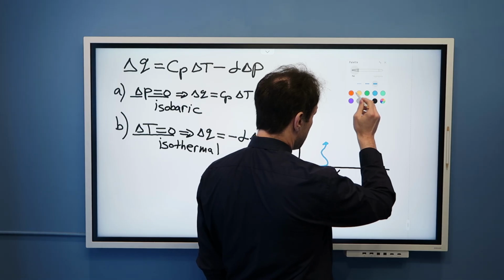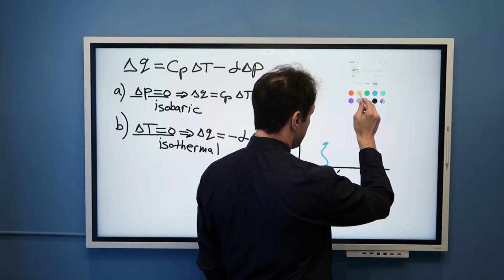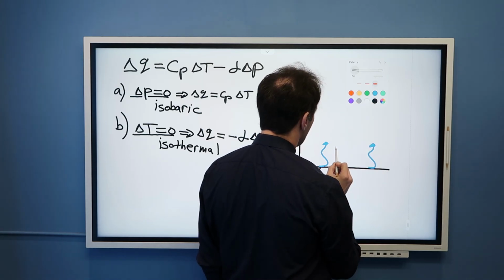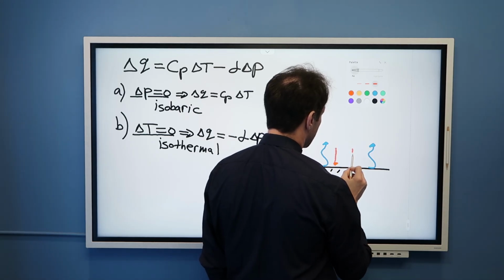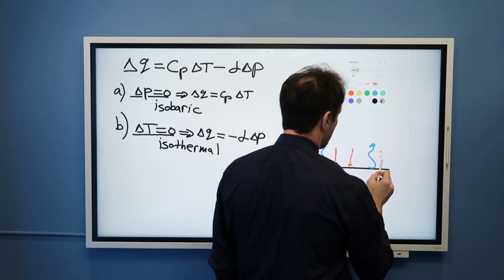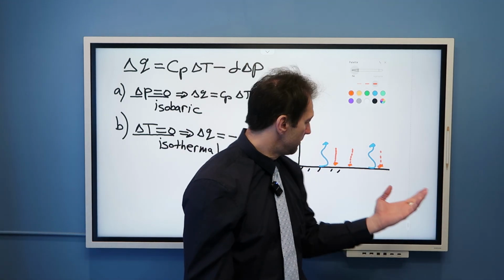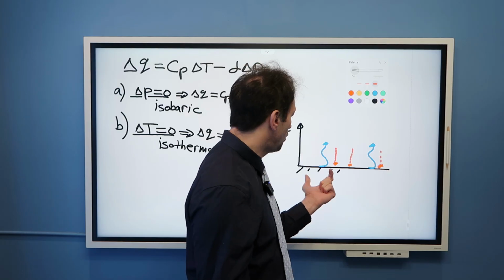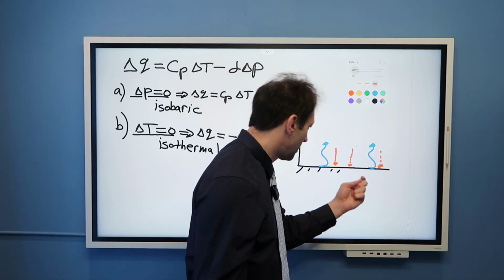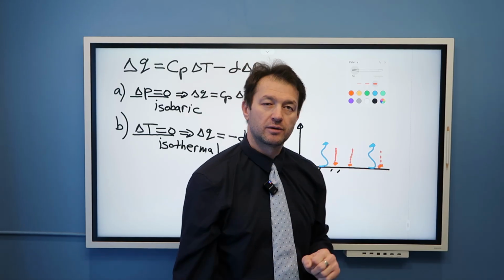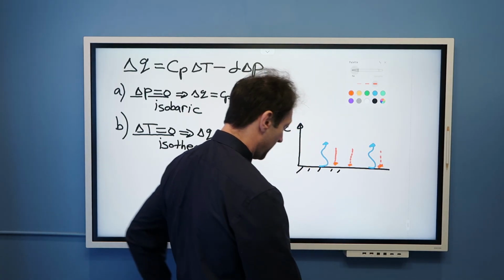So that means the air will now heat the surface through conduction, mostly. So the air is cooling because the surface is cooling. The surface gets cold, the air is warmer, and then the air starts warming the surface.